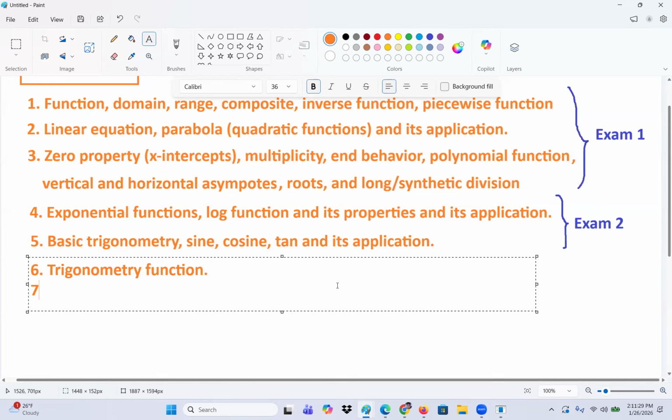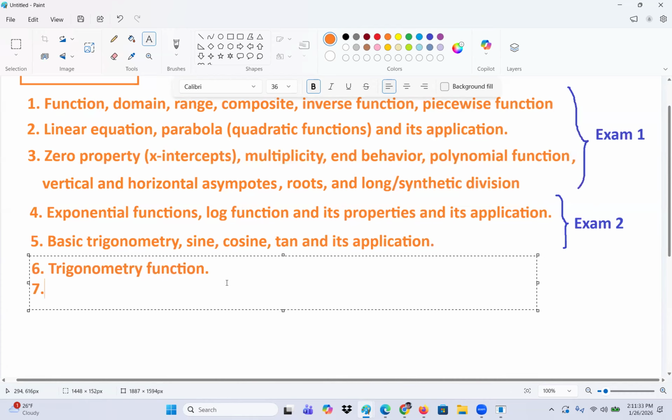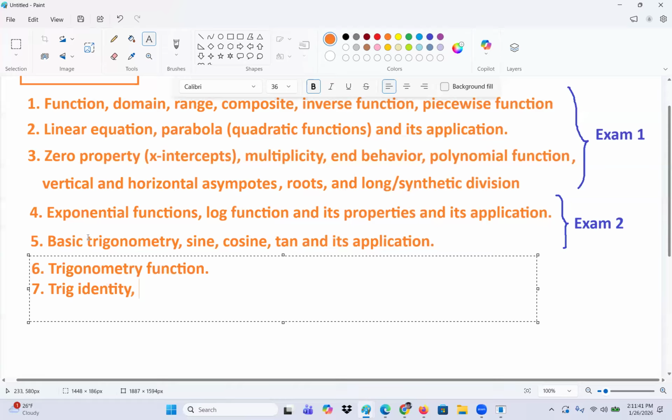And then the 7th is going to be some trig identities, tricks, how you solve a trig equation, double angles, triple angles, all of this.